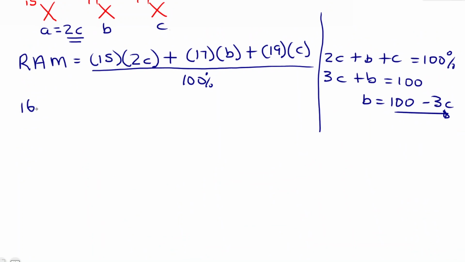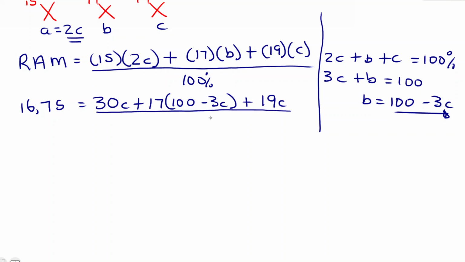The relative atomic mass 16,75 equals, now we multiply 15 times 2C, that will be 30C, plus 17 times B. Remember, we know what B is: B is 100 minus 3C. Then plus 19 times C, that will be 19C. We have to divide everything by 100%.